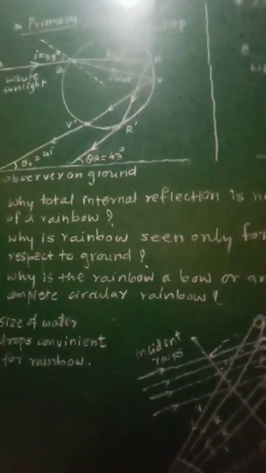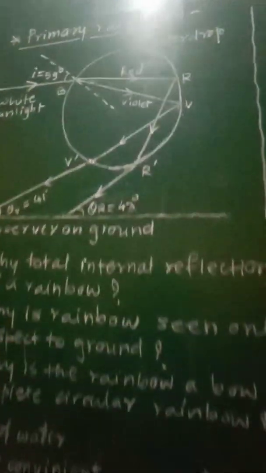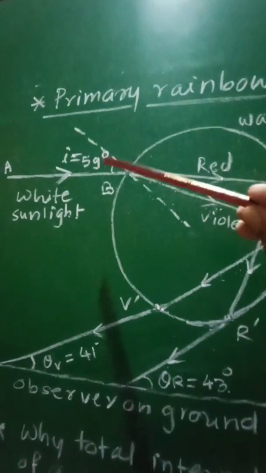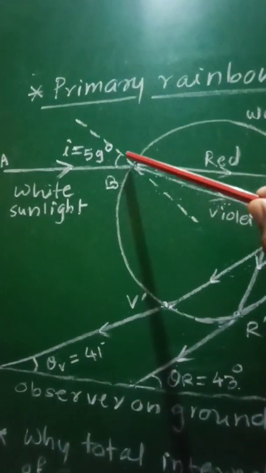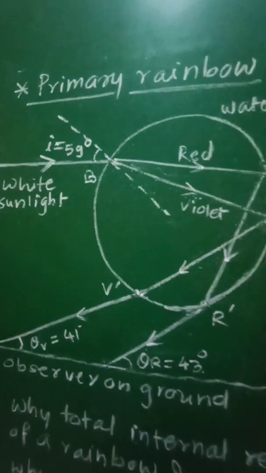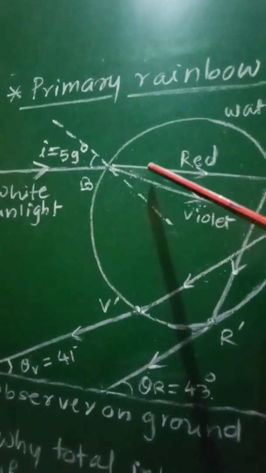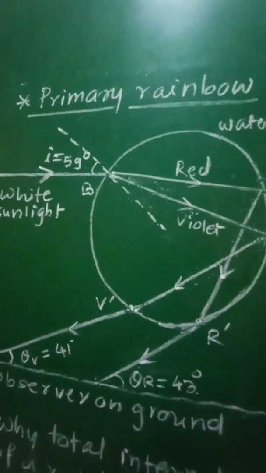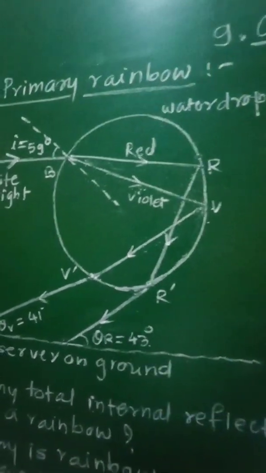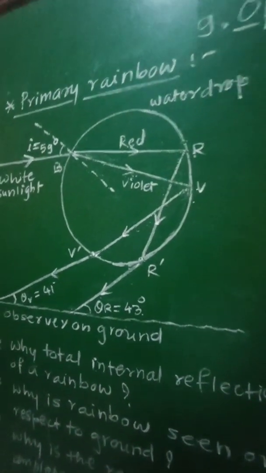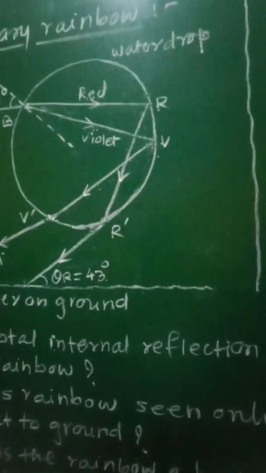So if you consider the first diagram, that is formation of primary rainbow, this is the angle of incidence, it will never be greater than 90 degrees, and therefore these angles of refraction for red as well as violet colors will be very small as compared with the critical angle.